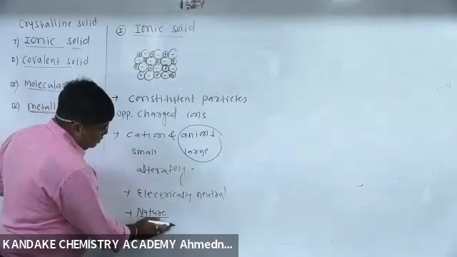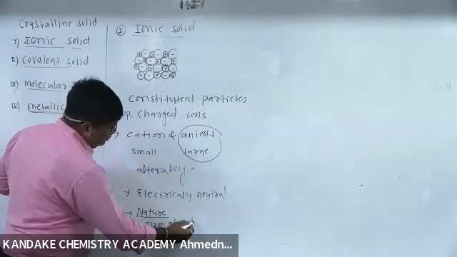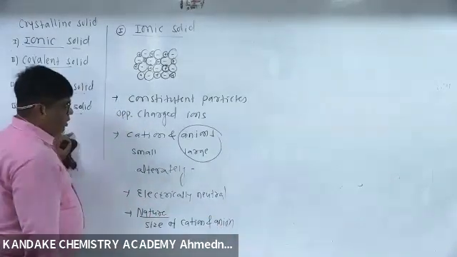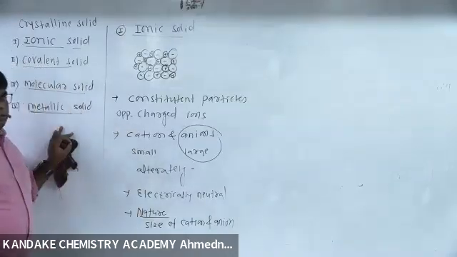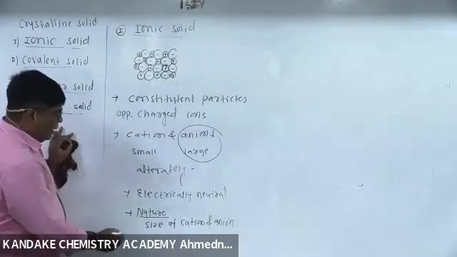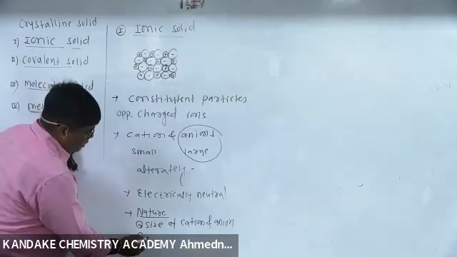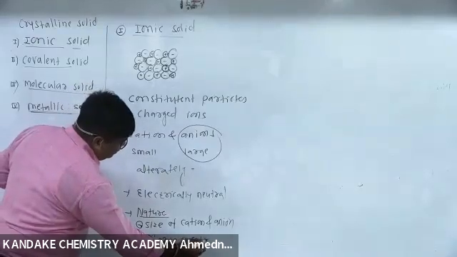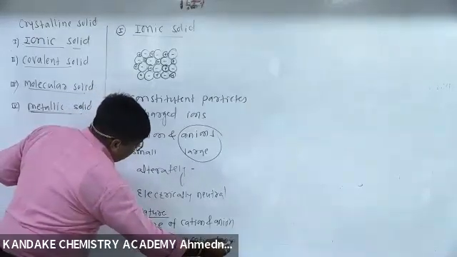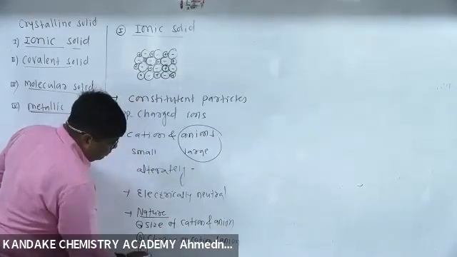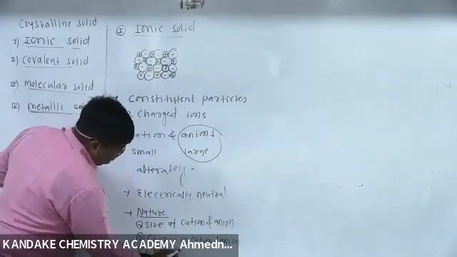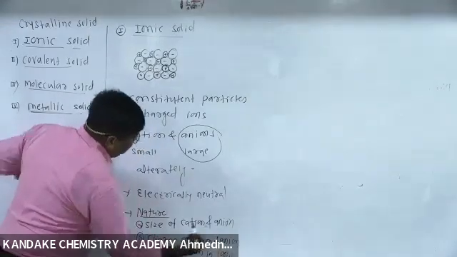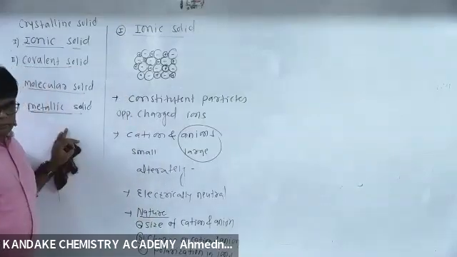Overall, the nature of an ionic solid depends on the size of cation and anion, then the charge on cation and anion, as well as polarization in ions. It is about the ionic solid.